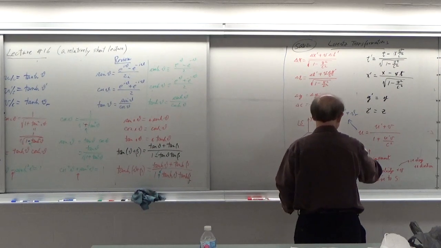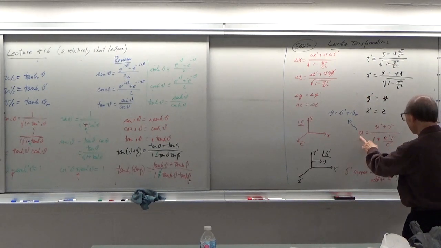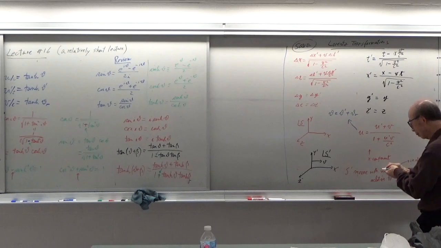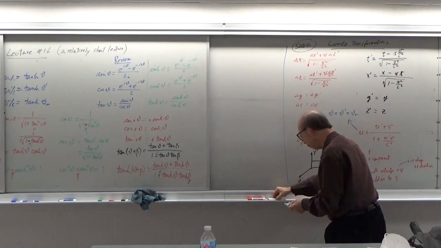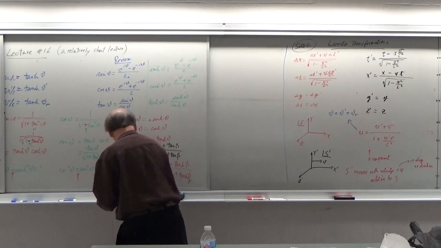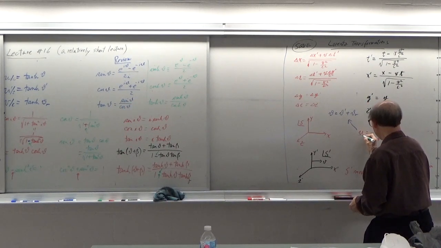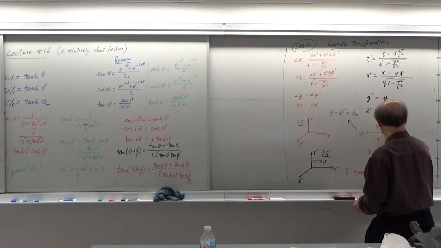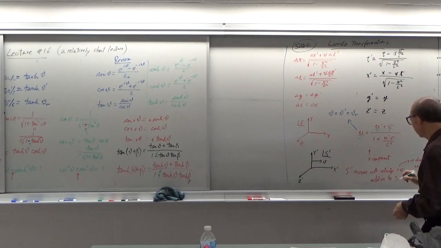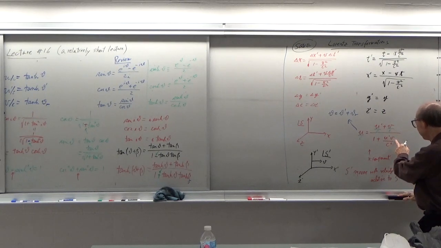So to do that, let me rewrite this. Divide by c. And let me write this as u prime over c times v over c.